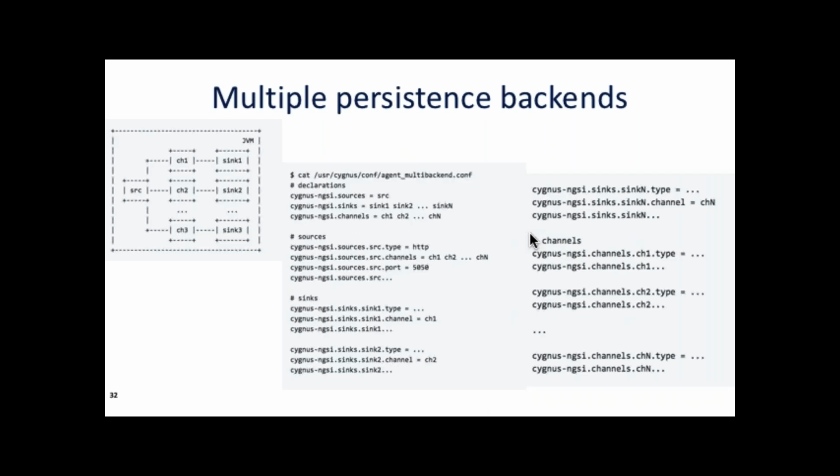For example, if you want to send information to multiple backends, as I told you before, you just define a single source, which will be connected to a web server or to the Orion Context Broker. We define three channels, and these three channels send the events and the NGSI information to three different things. The three different things could be three different databases for three different purposes.